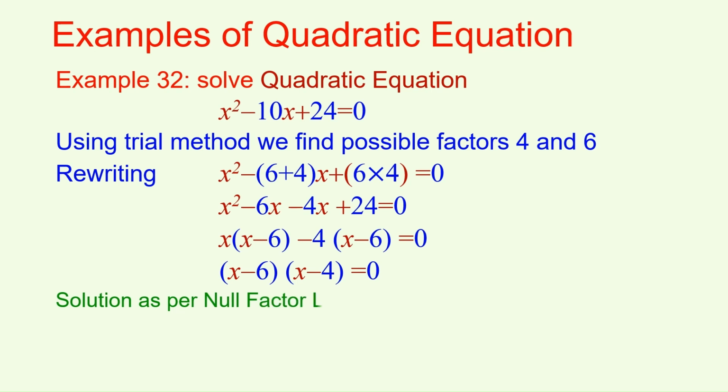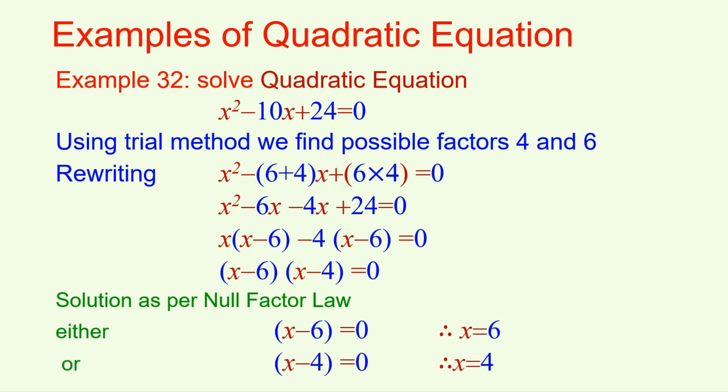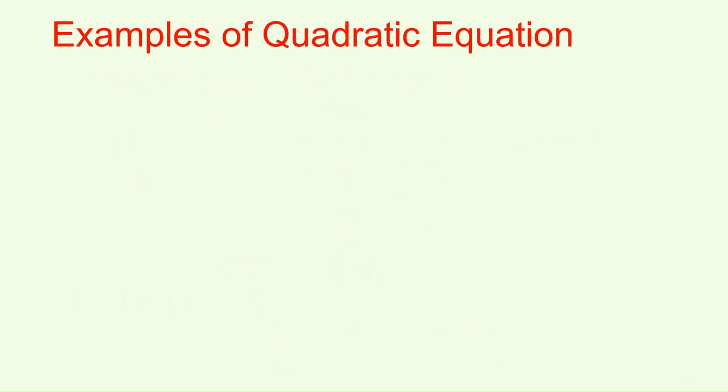Or (x minus 6)(x minus 4) equals 0. As per the null factor law, solution is either x minus 6 equals 0, therefore x equals 6, or x minus 4 equals 0, therefore x equals 4.